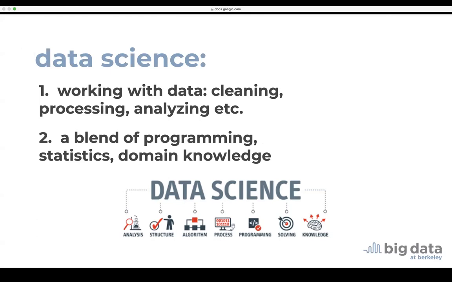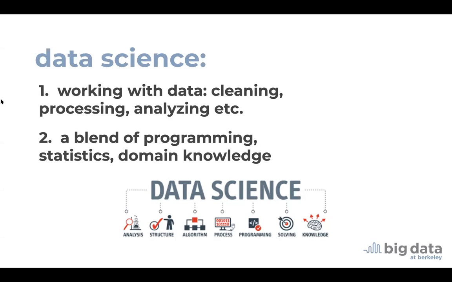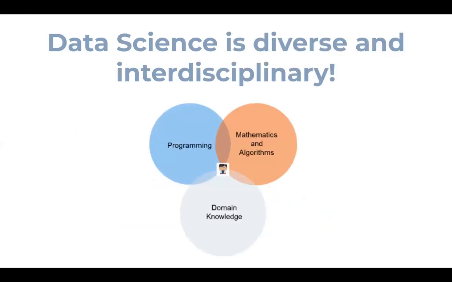For example, today we'll be looking at a COVID-19 data set, so some domain knowledge that could be useful could be epidemiology or biology, something like that. But domain knowledge is dependent on your data set. And here's another visual to see what that looks like. We can see programming, math, and algorithms, and then domain knowledge, and data science is at the intersection of those three.